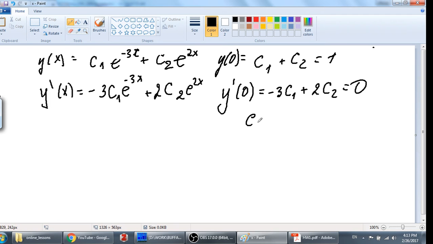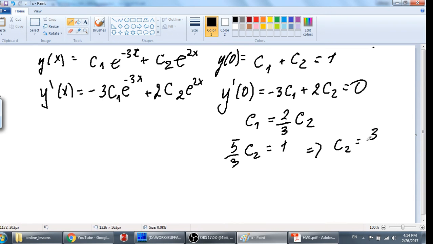So that means you can express c1 as 2/3 of c2, and then together they give you 1. So that means 5/3 of c2 is 1. So c2 is 3/5, and then c1 is of course 2/5.